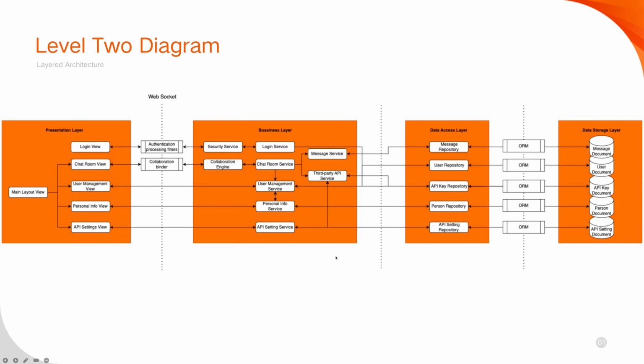For data storage, I have added two more layers, the data access layer and the data storage layer. The data access layer provides access to the data, while the data storage layer is responsible for storing data. I also use the ORM, object-relational mapping, as a connector for data mapping and transfer.